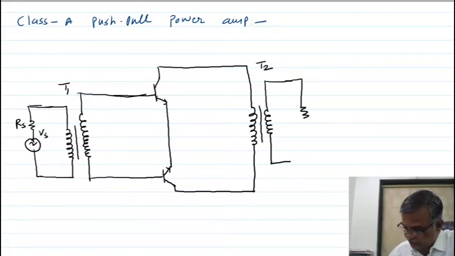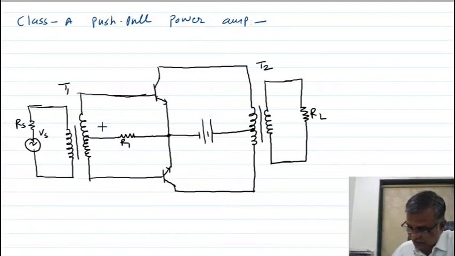Here is your load RL. Now this is your R1. This is your supply voltage which is connected to the center point. This is your resistor R2. There is a jumper here and it is connected to this point.